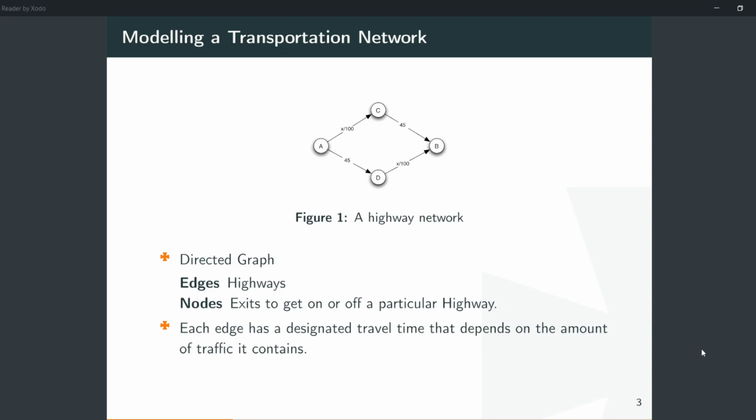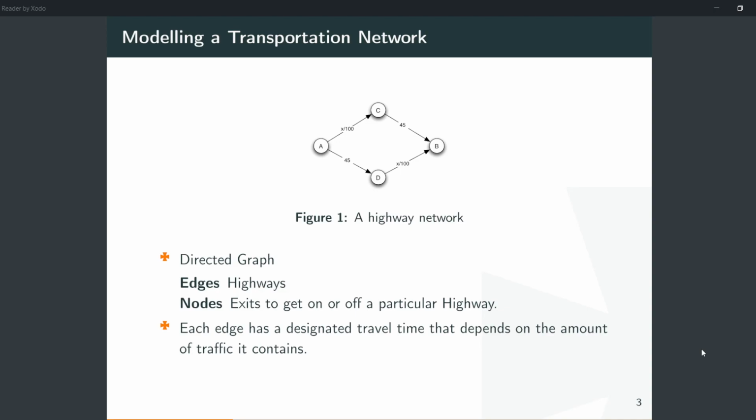First of all, we should be able to model our transportation network. Figure 1 shows an example of a transportation network. We are modeling it as a directed graph. We consider the edges to be highways and the nodes to be the exits where you can get on or off a particular highway.